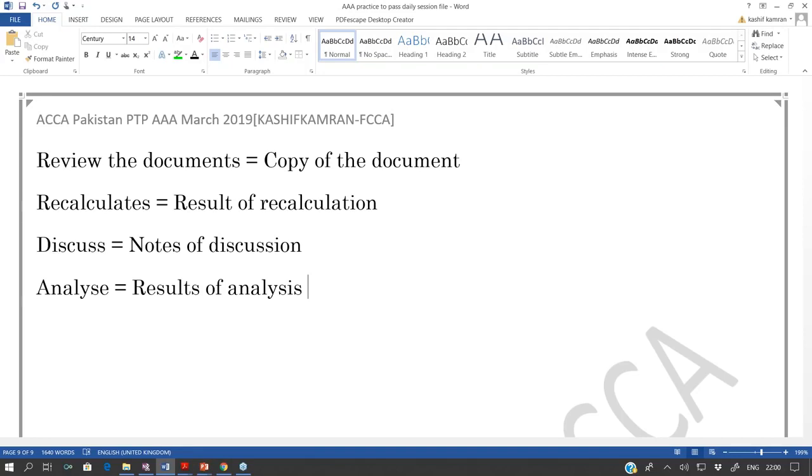So the left side is the procedure, the right side is the evidence. So is the examiner asking a procedure, or is the examiner asking the evidence? So is there a segregation between the two? Is everyone clear on the segregation?